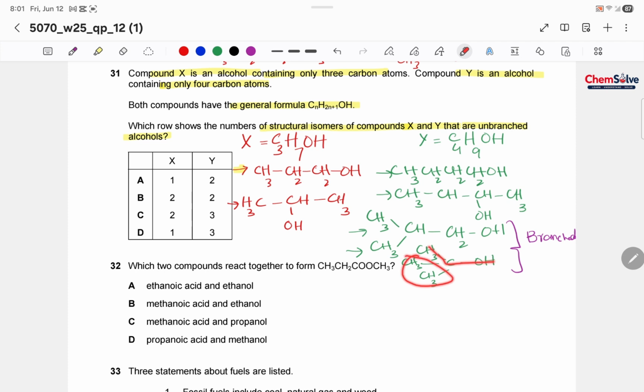So these two carbons are in branched, so we cannot include these two isomers. So according to this discussion, X has two isomers and Y also has two isomers, so B is the correct one.